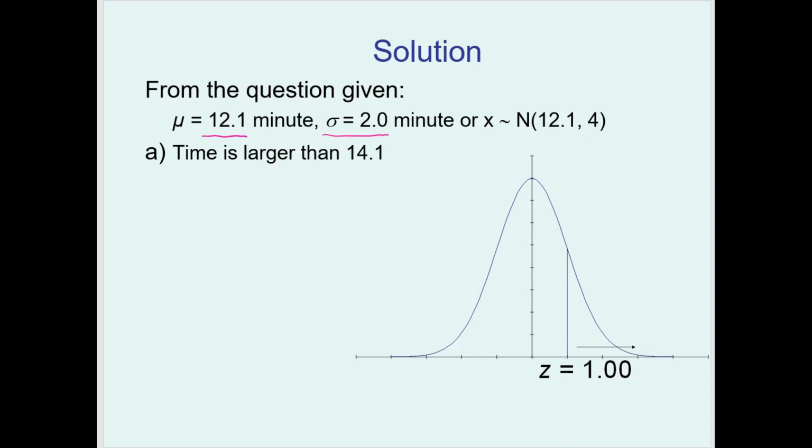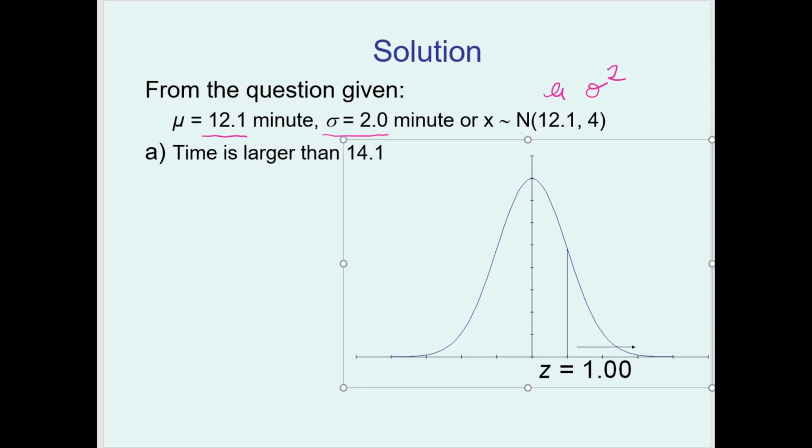The symbol is always sigma. This is normally distributed, right? So N is for normal, this is for your mu, this is for your variance.